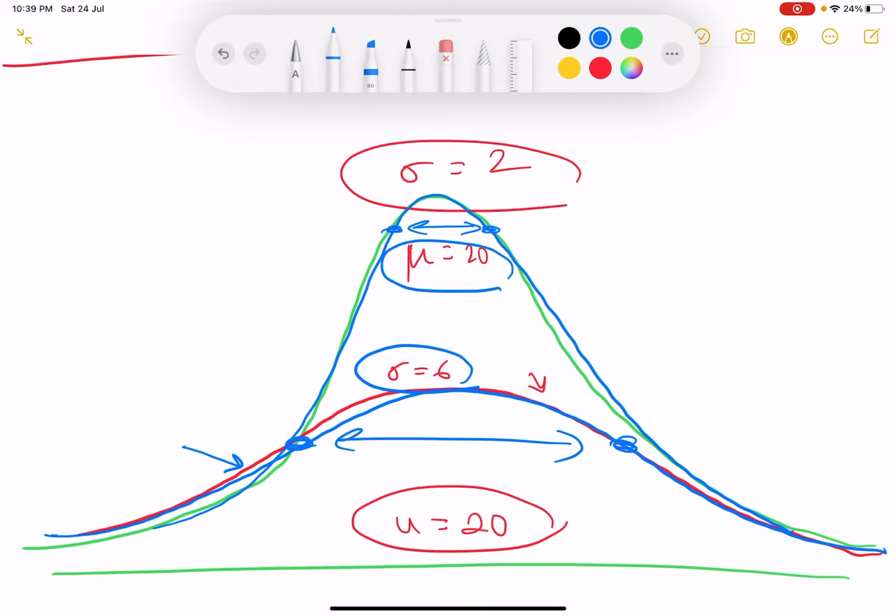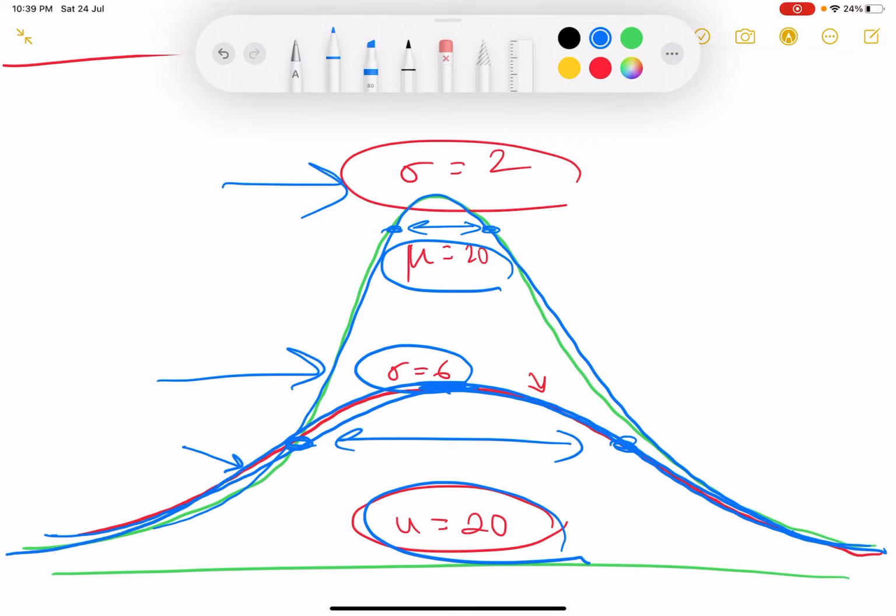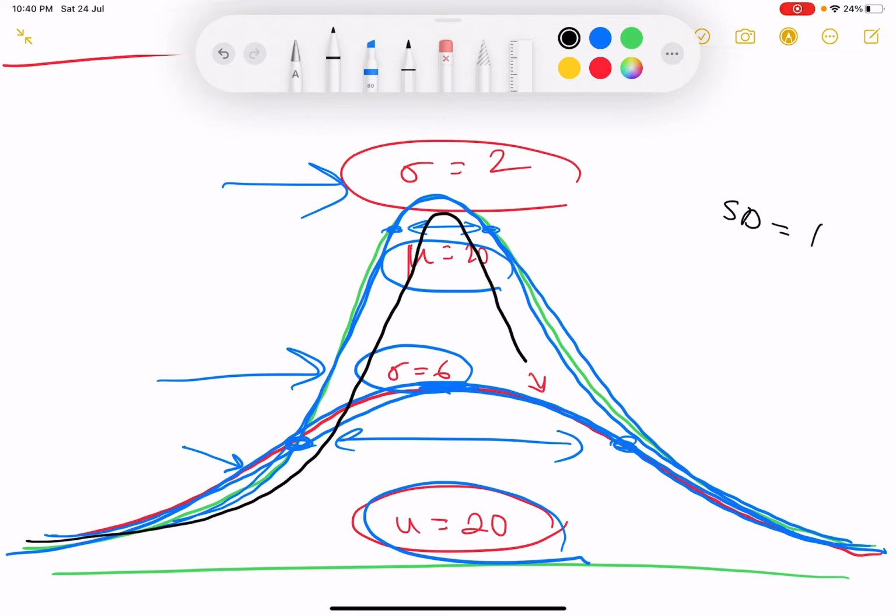Although the mean is the same, the standard deviation is different, so the shape of the curve is different. So when the standard deviation is greater, the curve will be more spread out, whereas when the standard deviation is small, the curve will be less spread out. So if you have a curve with a standard deviation of 1, it will be even less spread out if the mean is the same.